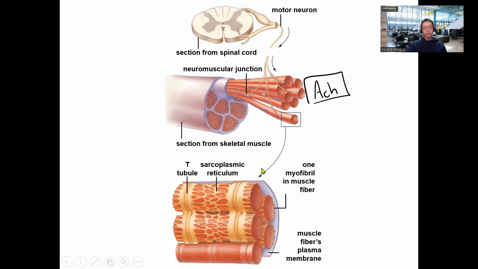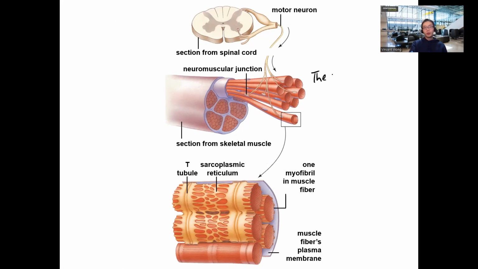Okay. So let me just perhaps write it down for you. This would be an action potential from the motor neuron, and the motor neuron will connect with the muscle at the neuromuscular junction.